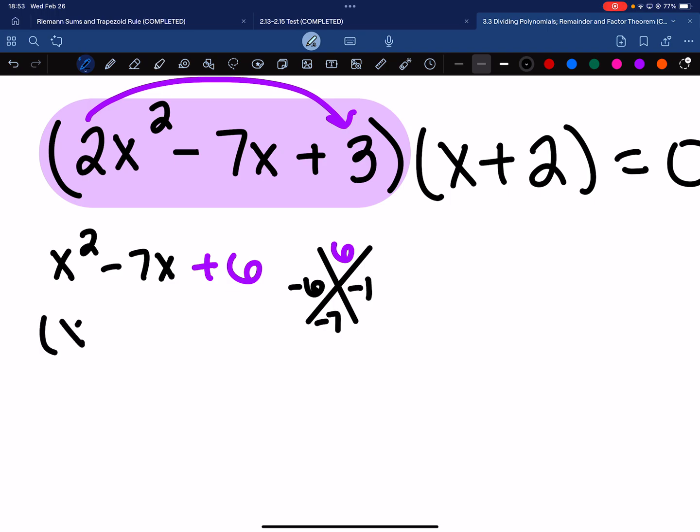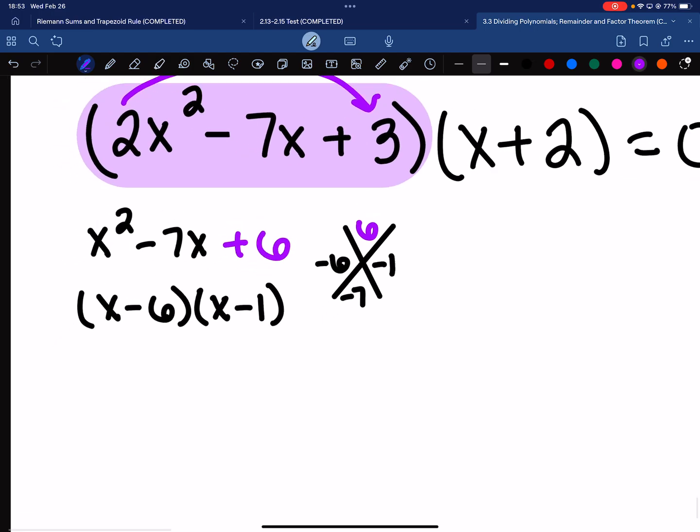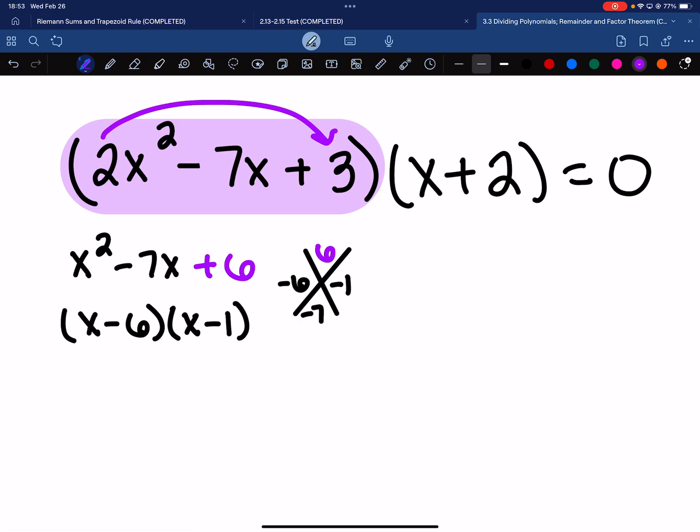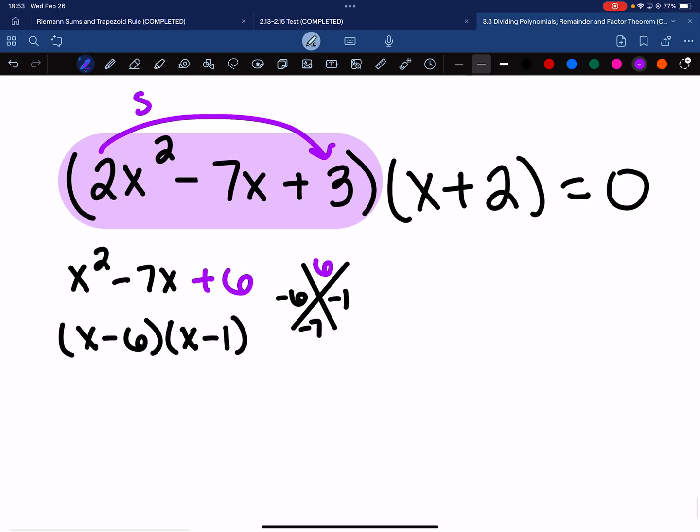So this factors into x minus 6 times x minus 1. And now this was the slide. Now we have to do the divide, where we divide by that original number.